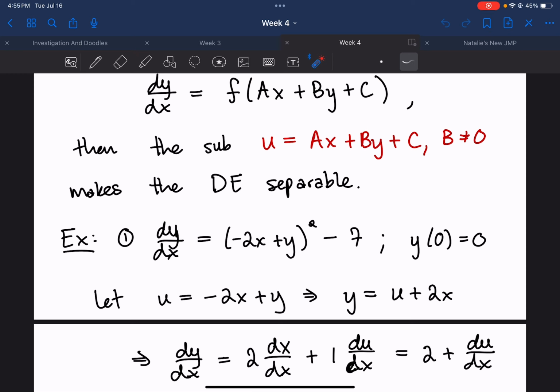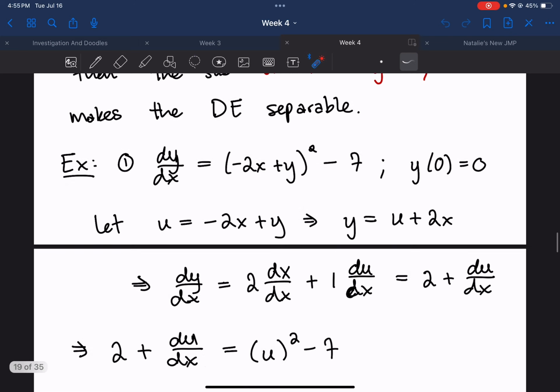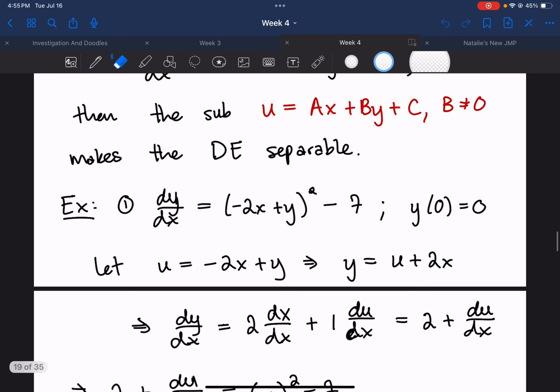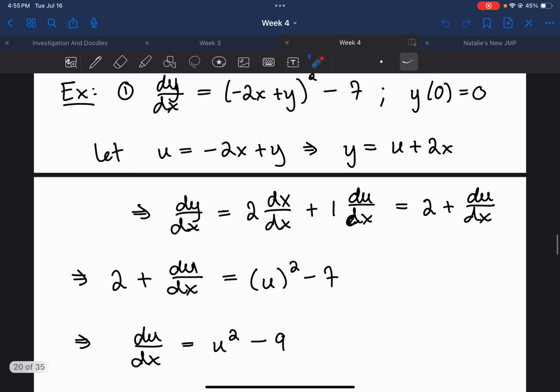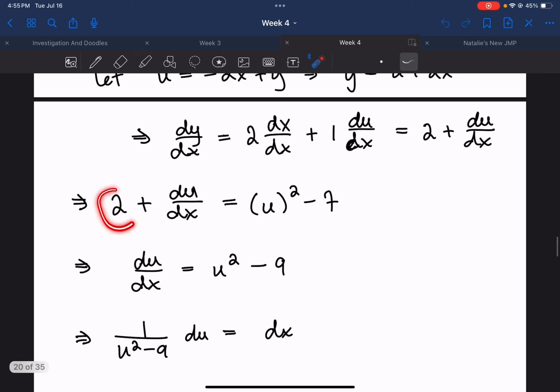And in that case, if we let u be this complicated thing, then y is this, which means dy is 2 dx plus 1 du/dx, which is 2 plus du/dx. And after substituting in, we get dy/dx equals this, and u equals this. Which means, by moving this across, du/dx equals u squared minus 9.